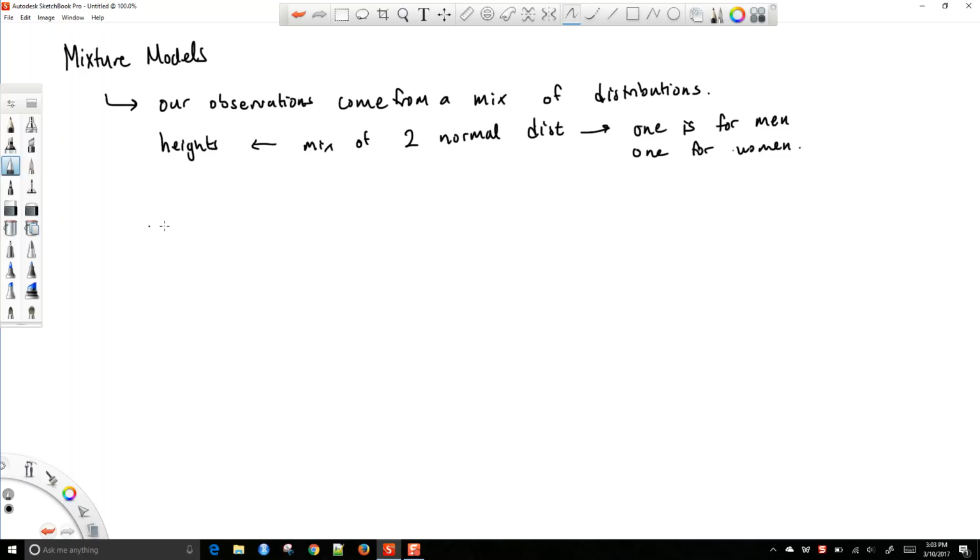Or another example: if we're talking two-dimensional data, you could have some data points over here, and then some data points over there.